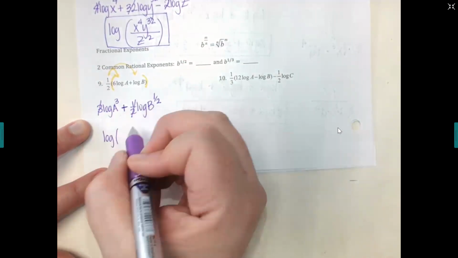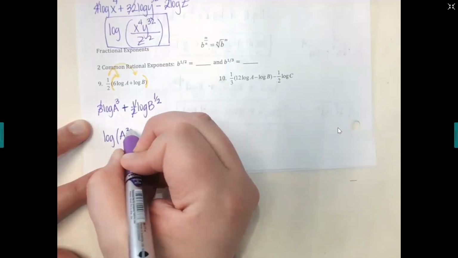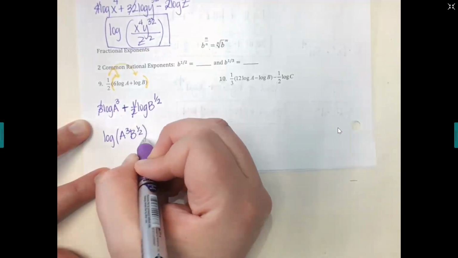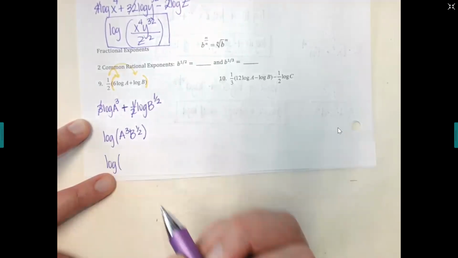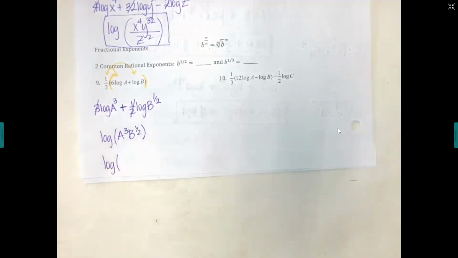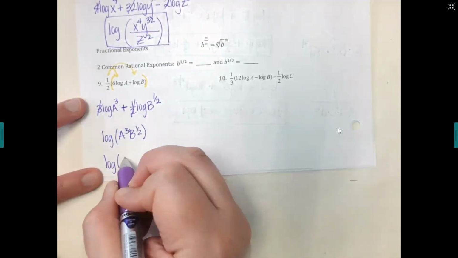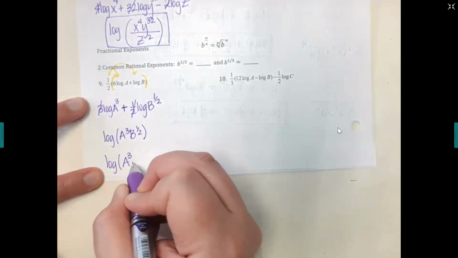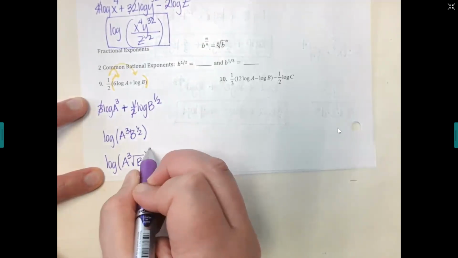Multiplication or division? So it'll be A3B to the half. Okay, however, we know that a 1/2 power is really the same as what? A square root, very good. So my final answer would be A3 square root B.